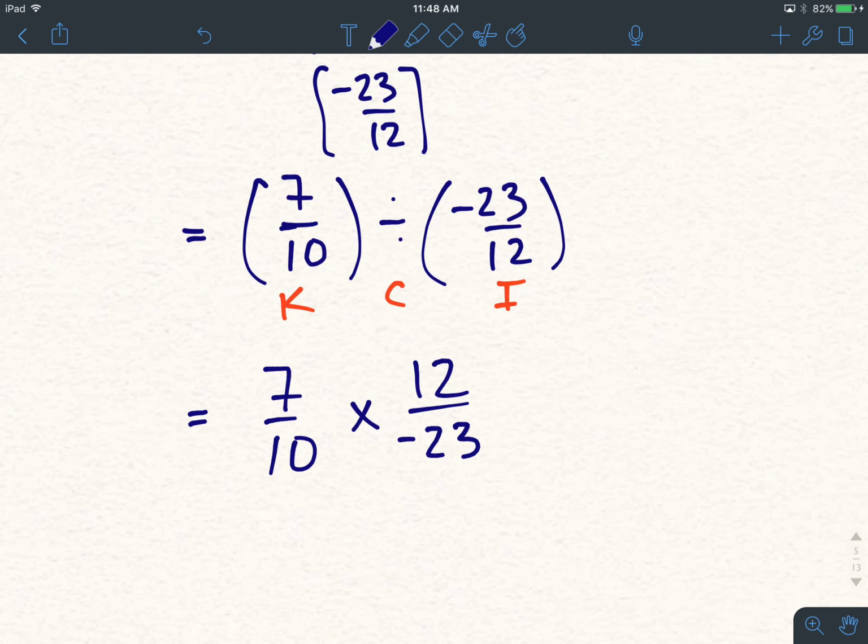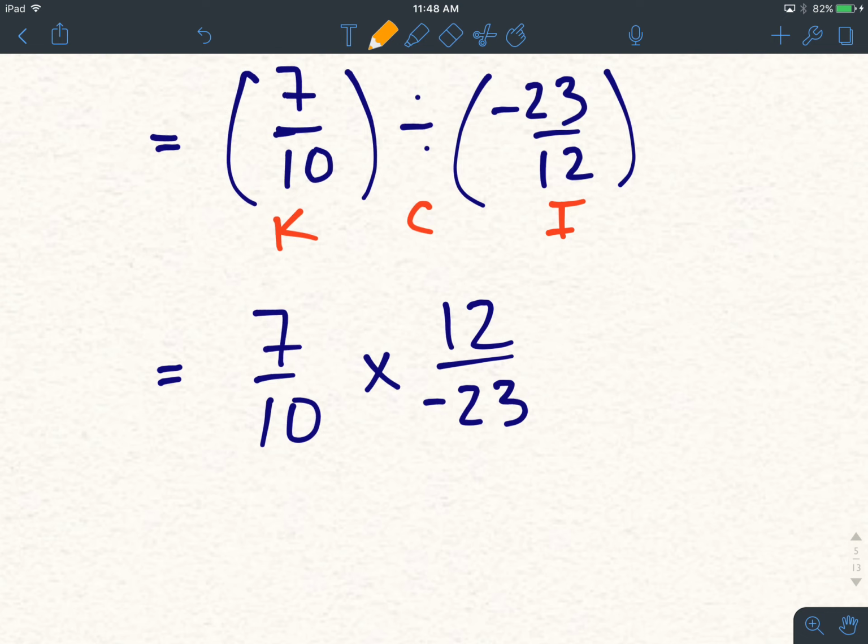Now we're at a place where we can do some reducing before we multiply. So in order to do that, I recognize that 7 is a prime number, so is 23, so we can't do anything there, but I recognize that 10 and 12 can both be divided by 2.